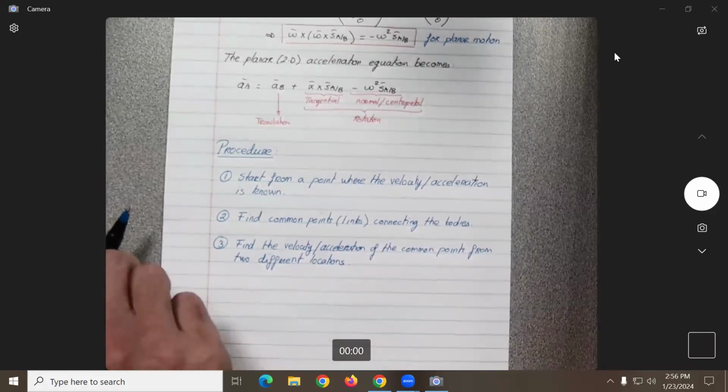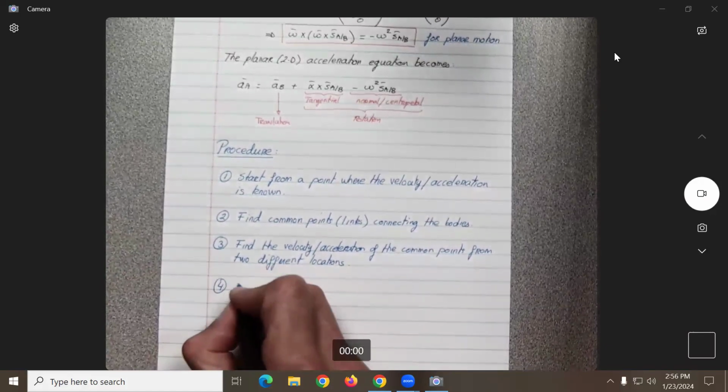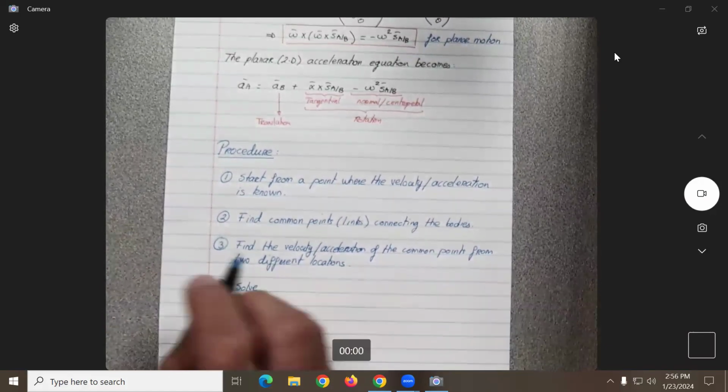So basically, I'm going to do a small figure now, and 4 will be to solve, okay?